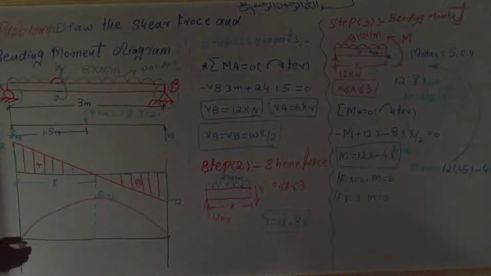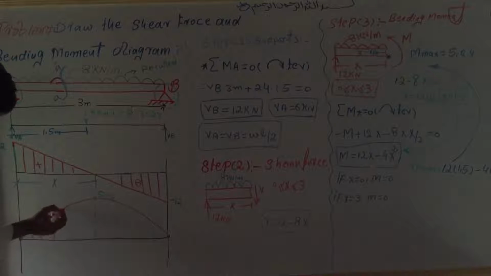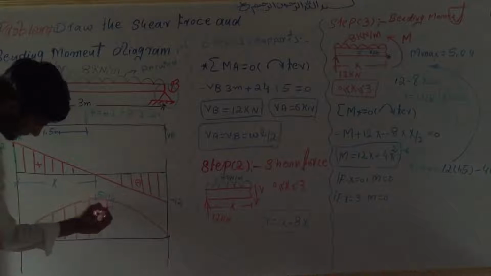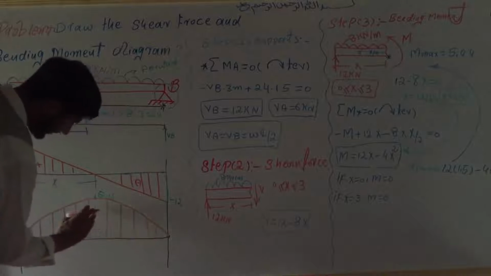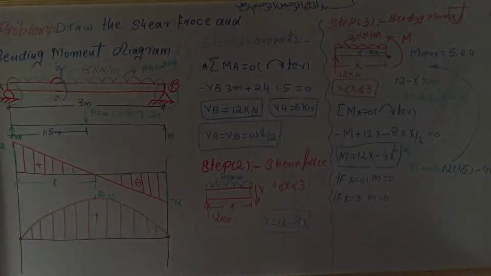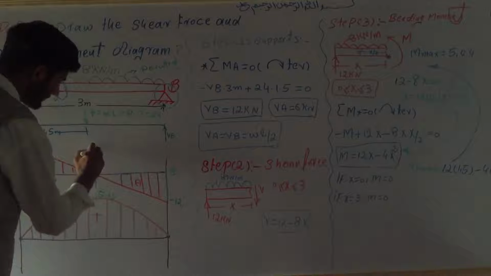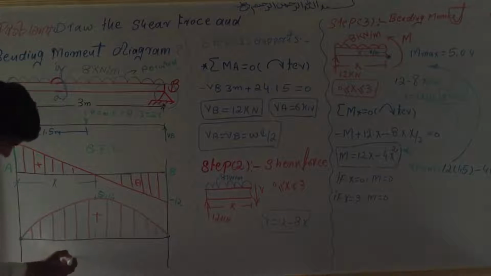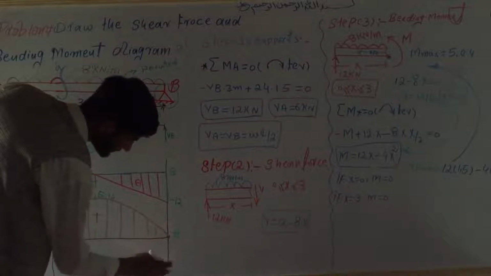This is our bending moment diagram, positive moment. Okay, this is the positive bending moment diagram, and here I also give it: this is the SFD diagram, and this is the BMD diagram, and this is A and this is B.